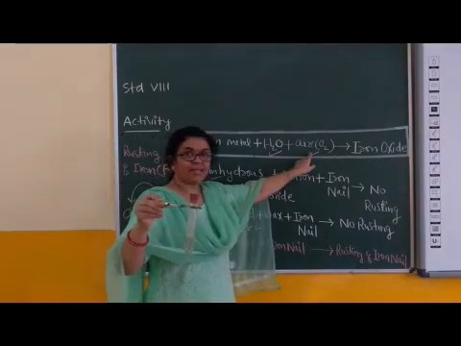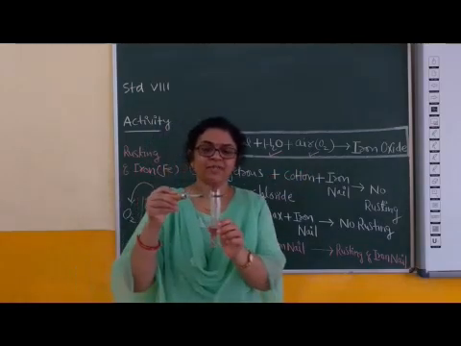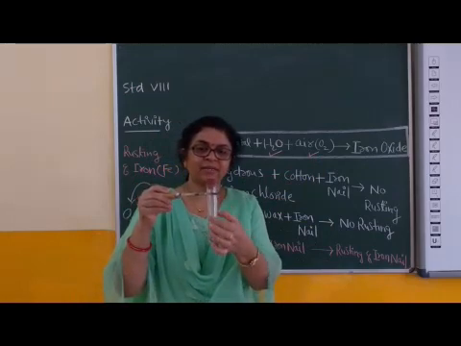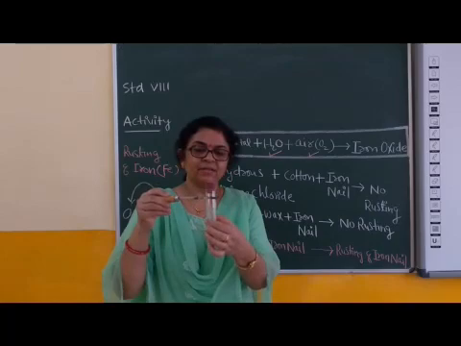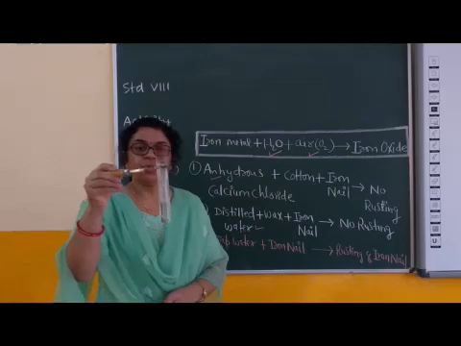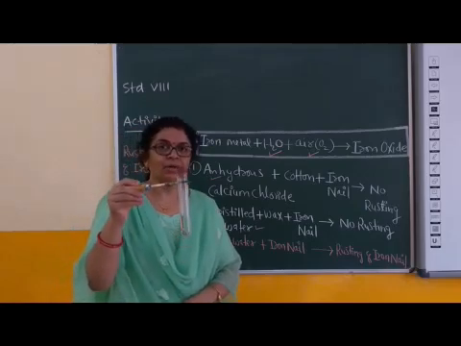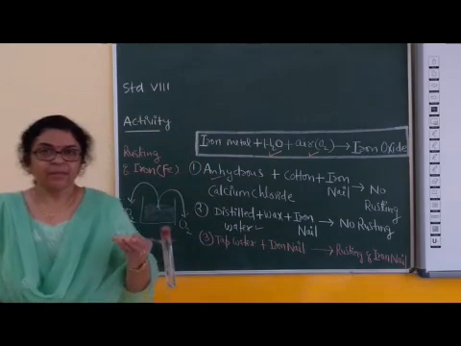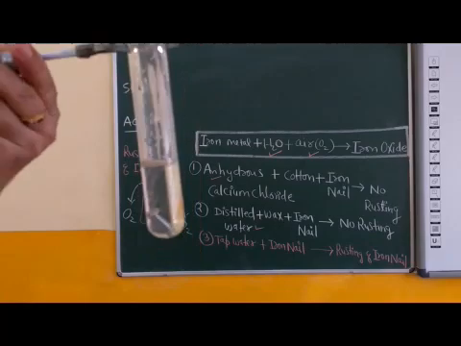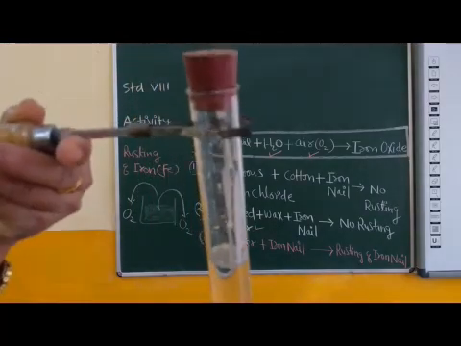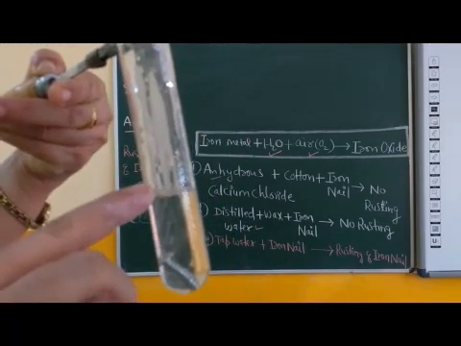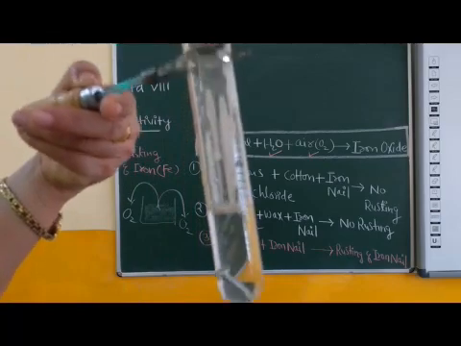O2 is absent, no absorption of oxygen inside this test tube. After a long time you will find that no corrosion occurs, no rusting occurs. Grey color of the iron nail is maintained like this. This is a thin layer of wax. Okay, children.